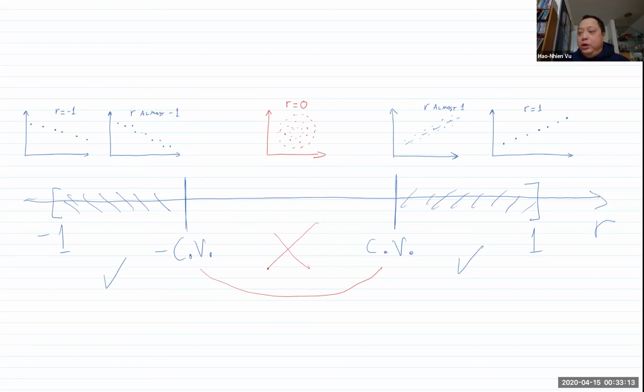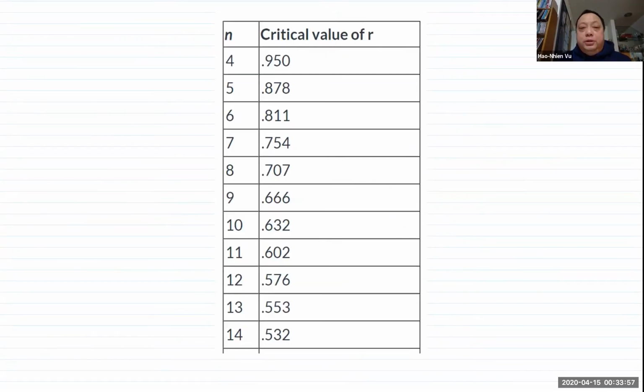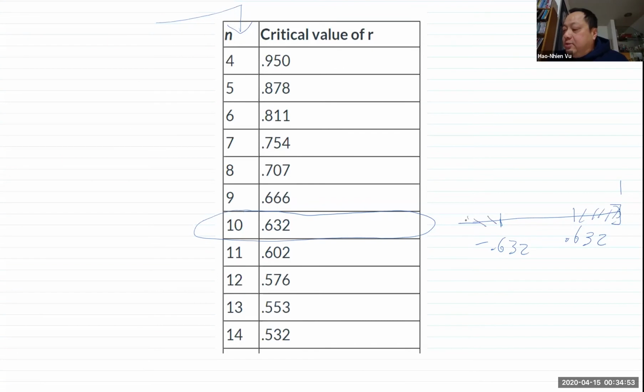So what happens if we look up the table of critical values? The table of critical values has 2 columns. One column has the sample size, how many XY pairs do you have? And the other column is the critical value. Then, for example, if you have 10 pairs of XY numbers, and then your point is either more than 0.632 up to 1, or less than -0.632 down to -1, then we conclude that there is linear correlation.